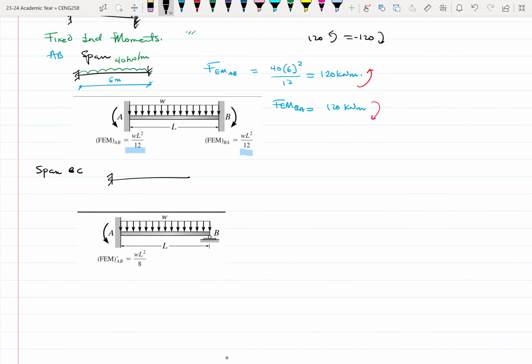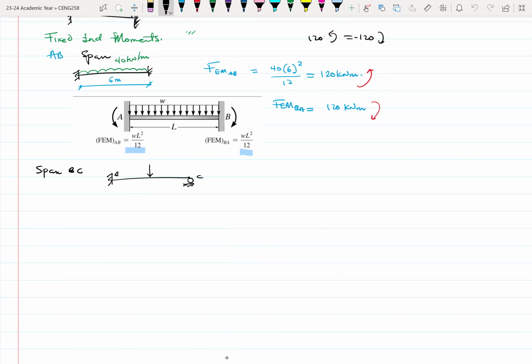So this is again B, and C is a pin support. Then we have the point load. I actually brought the wrong diagram. So we have the point load, which I think is 40 kilonewtons, and we have this length here, 1 meter, 1 meter.